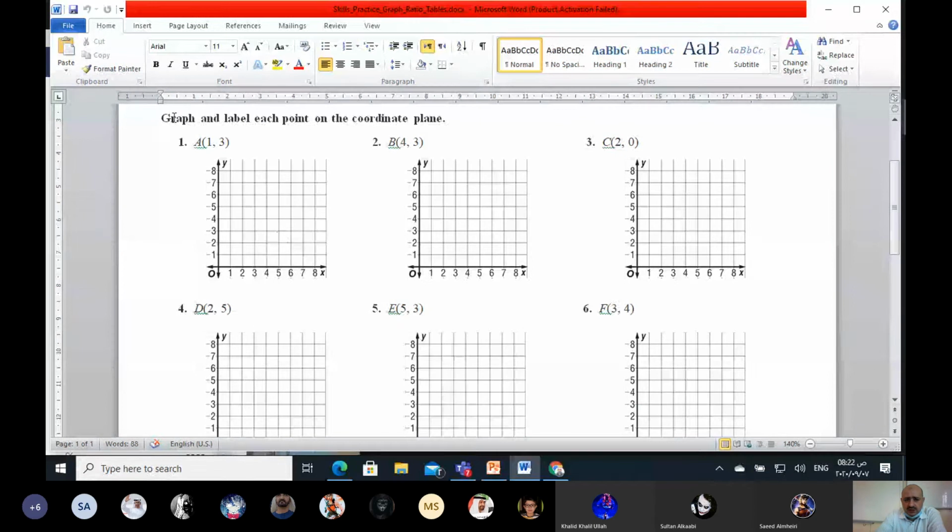The question here: graph and label each point on the coordinate plane. As you see here, we have the coordinate plane. What's the meaning of the coordinate plane?